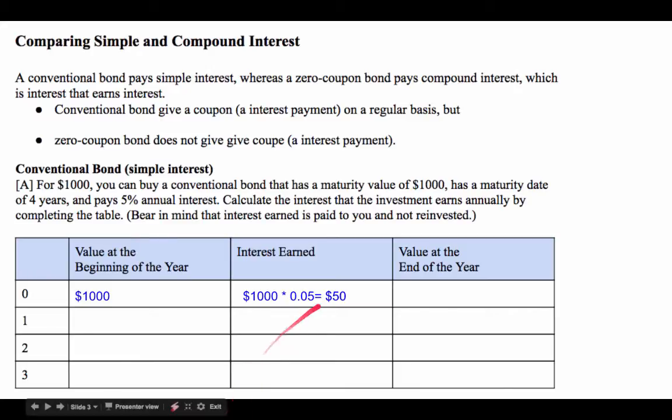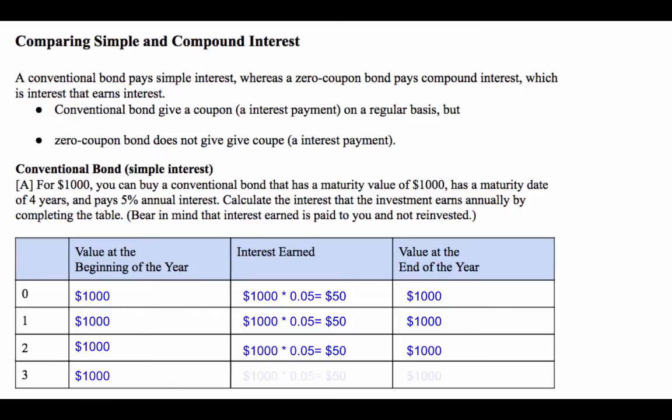So you get $50 in interest, 5% of what you put in, but at the end of the year you still have $1,000. So the following year you still begin with $1,000, you earn interest, you take it with you, but the amount that you put in just remains the same, and that continues on. So out of this you get $200, and you get the $1,000 back.